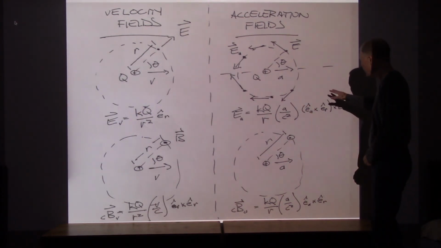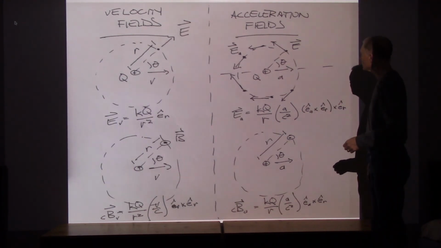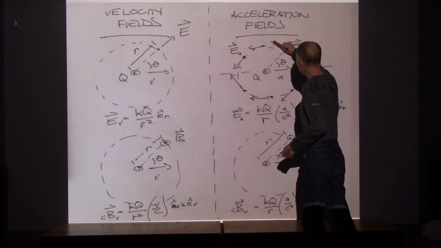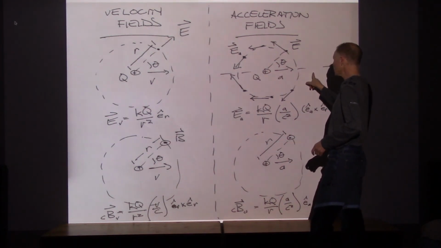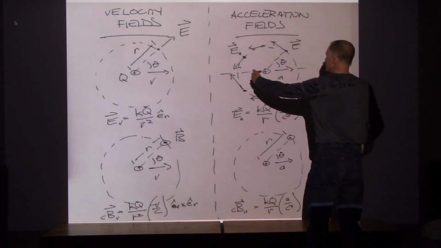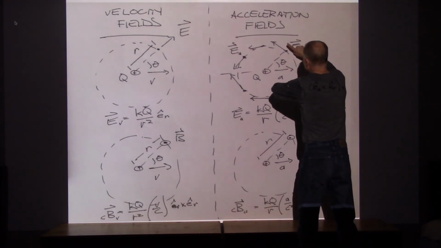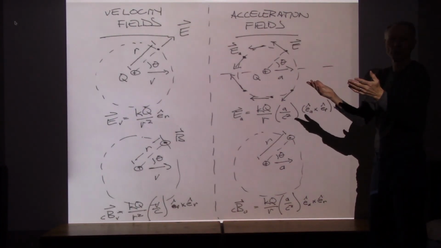So again, the difference between these two: they're going to be the same magnitude for acceleration. The E field direction actually wraps around the charge acceleration direction. If the charge happens to be accelerating in this direction, then the E fields wrap around. It's kind of like slices of an orange, right?